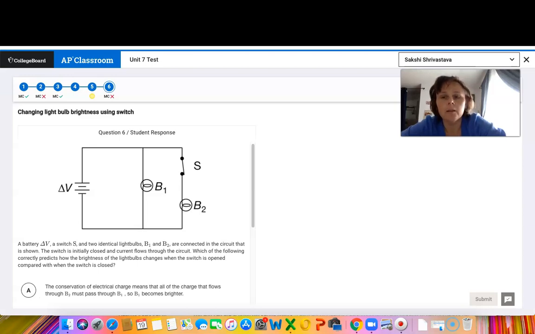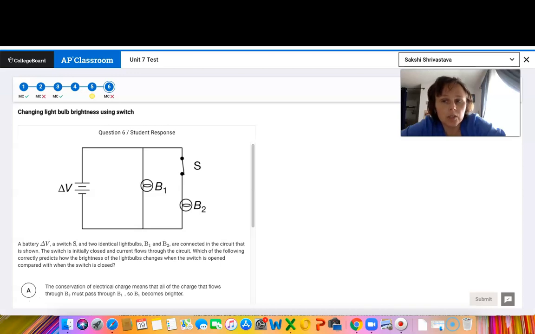Therefore, when the switch is open, the circuit changes. The resistance of the circuit increases. However, the current through B1 stays the same, because before, when the switch was closed, the current that flew through the battery was split in half.